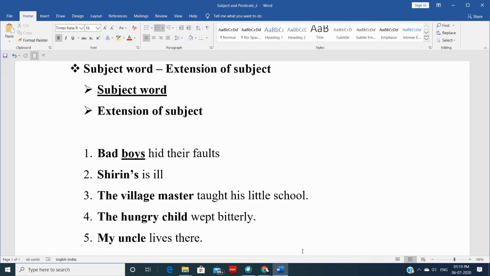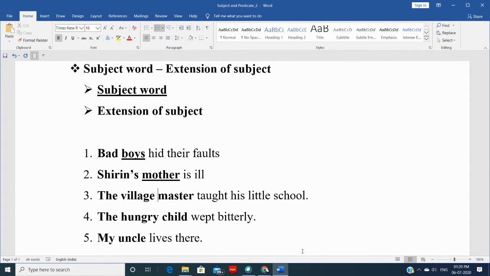Is it making sense? No. Which word is very important in the subject? That is your word mother. So here mother becomes your subject word, because without this word you cannot make your whole sentence.